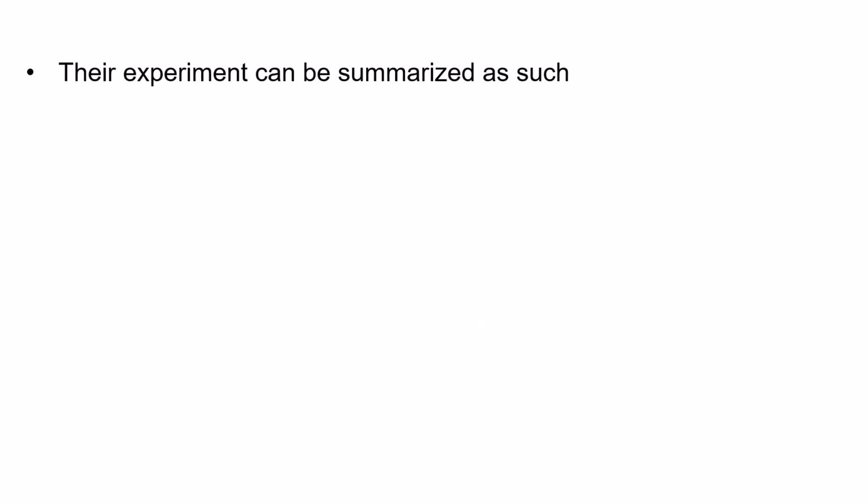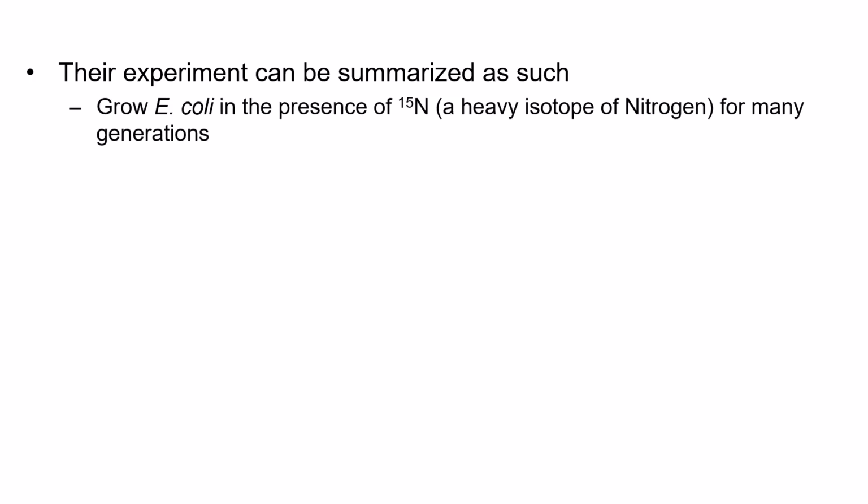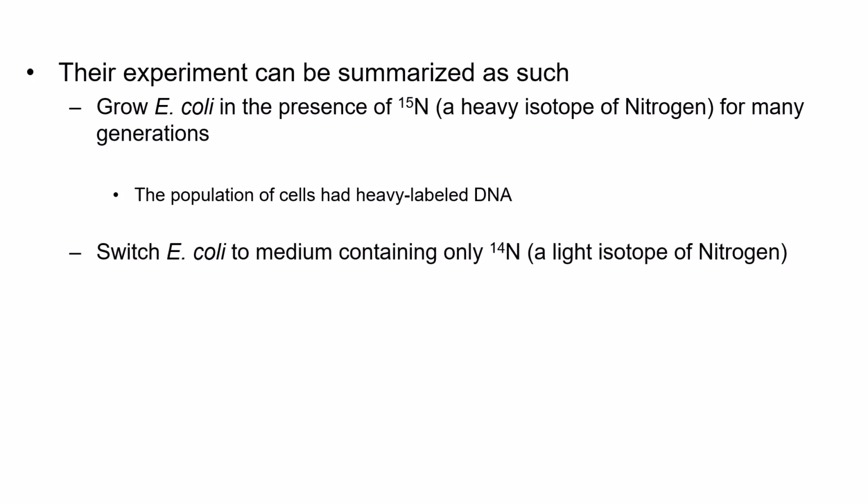Their experiment can be summarized like this. Grow E. coli in the presence of the heavy isotope of nitrogen for many generations. All the DNA now would be heavily labeled and we will call it the heavy DNA. Switch the E. coli from this heavily labeled medium to a medium now containing the light isotope of nitrogen, that is the N14 nitrogen.